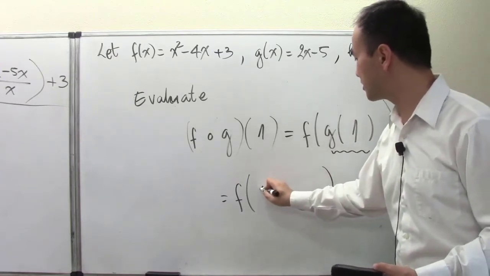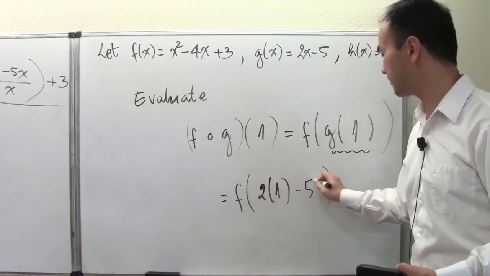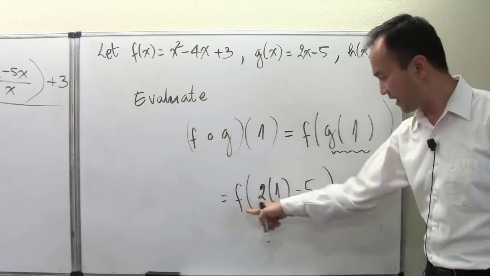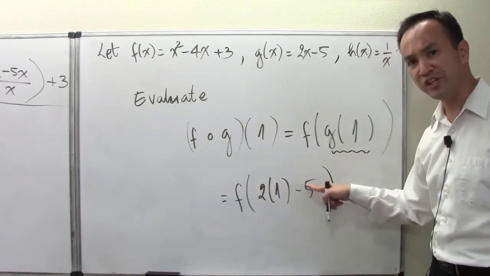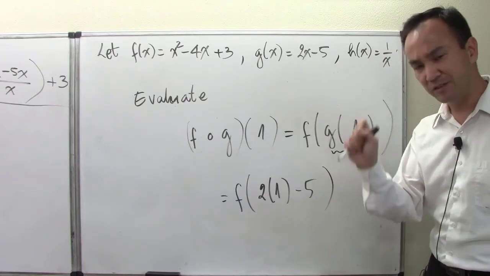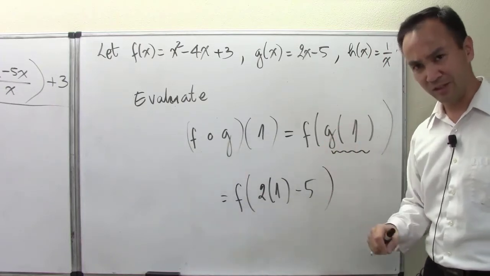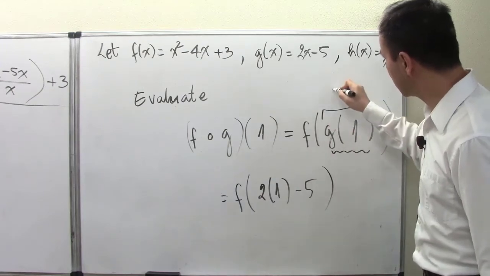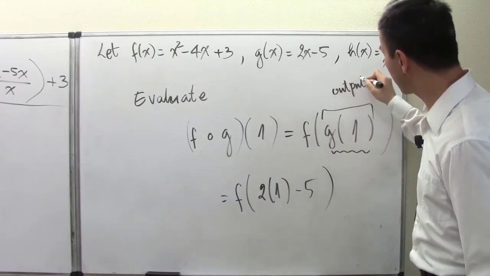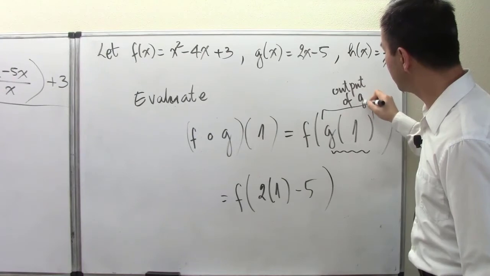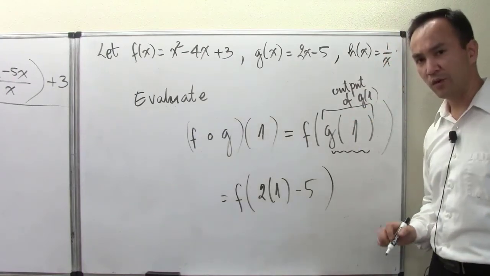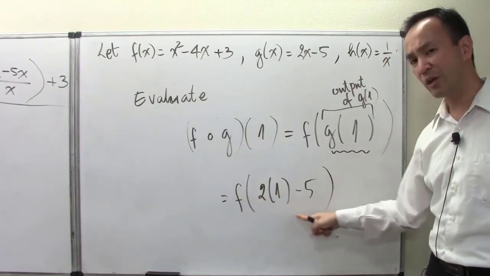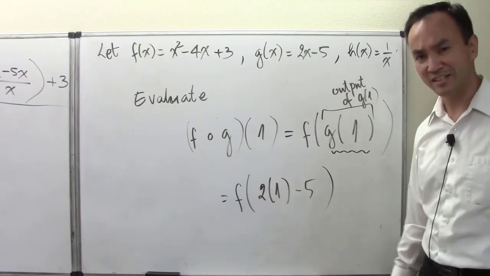So it means 2 times 1 minus 5. That's what it is: f of whatever quantity comes out from g of 1. Or f of, see, this is supposedly the output of g of 1. So we are expected to calculate a value. That's simply what it is.